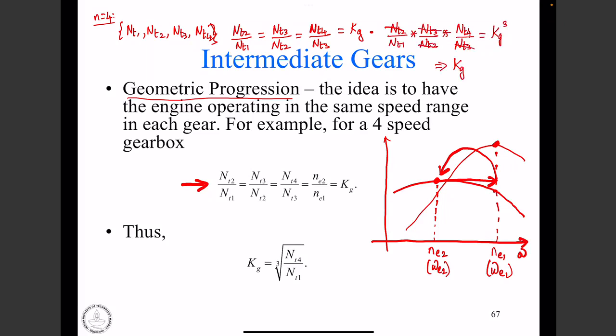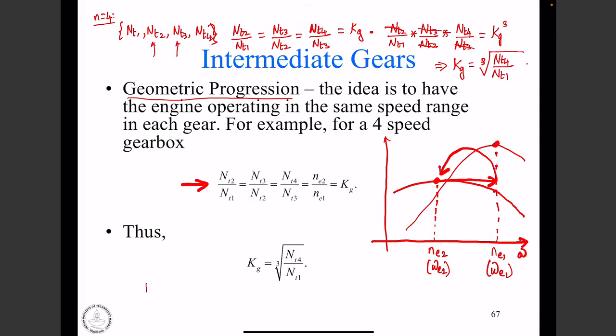So consequently, we'll get this parameter k subscript g, which indicates the ratio of any two successive gear ratios when we upshift, to be equal to the cube root of NT4 by NT1. So if I know NT4 and NT1, I can figure out K subscript G. And once I figure out K subscript G, I can go and find out NT2 and NT3. So that is the idea.